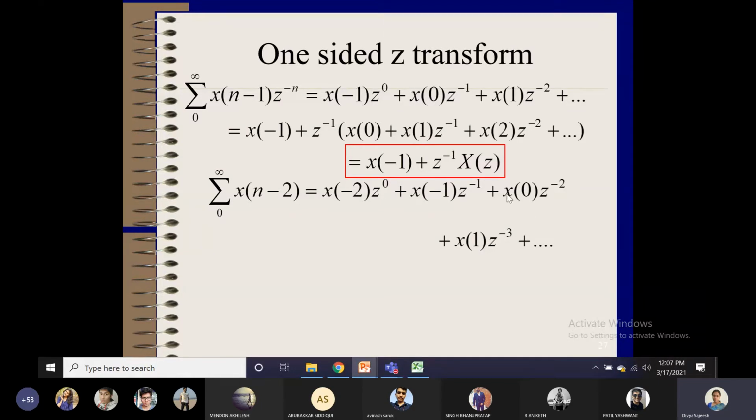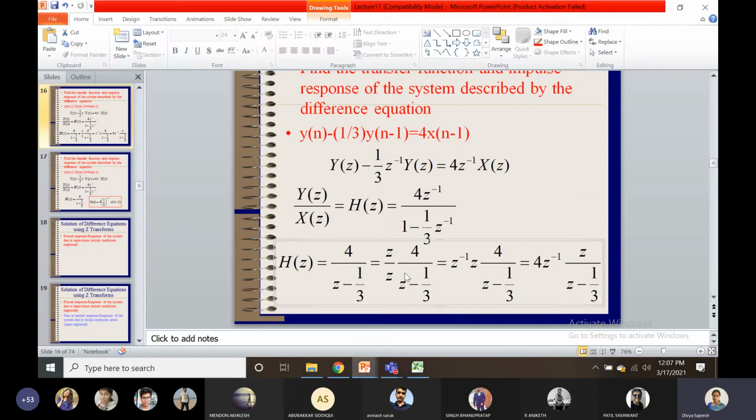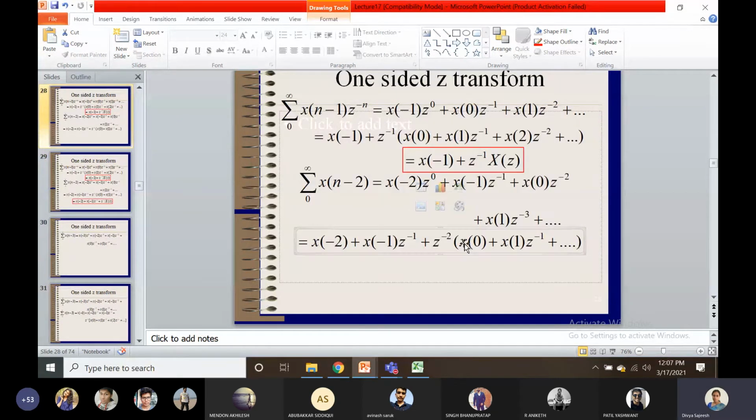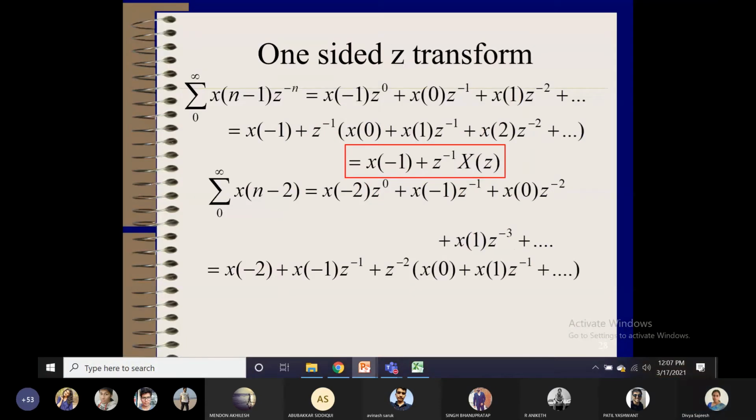From the third term, I will take z raised to minus 2 common out.